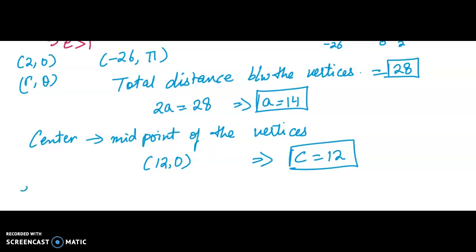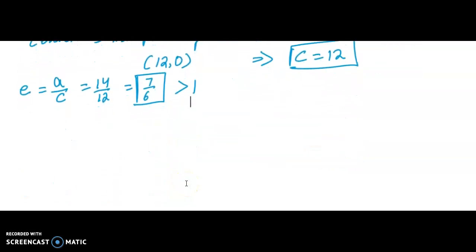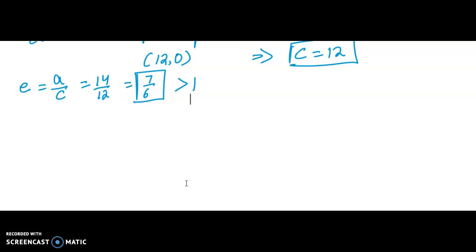Let's find out eccentricity. Eccentricity is nothing but c over a. What is a? a is 14. What is c? c is 12. So we have 7/6. We need this, and as you can see, it is greater than 1 because it is a hyperbola. Now let's try to plug everything into the polar equation we are looking for.